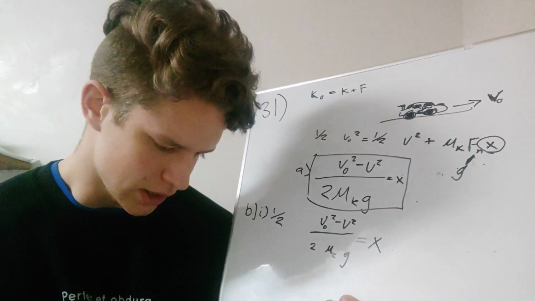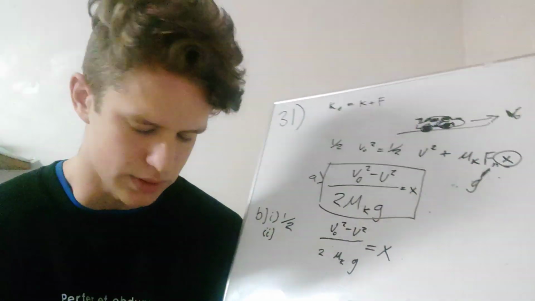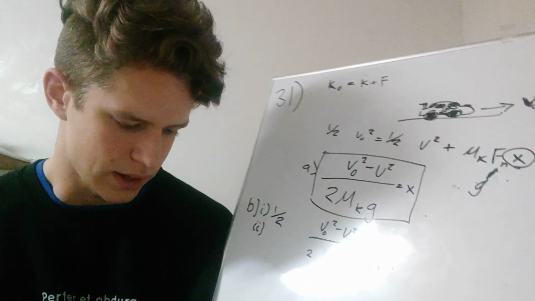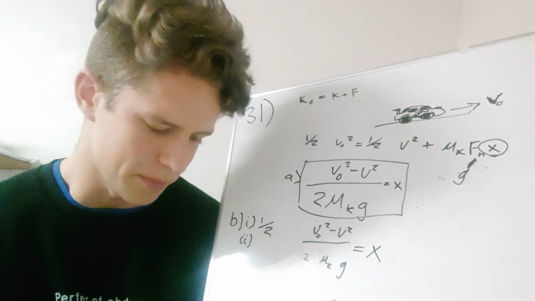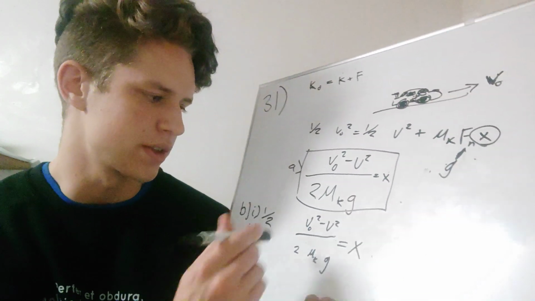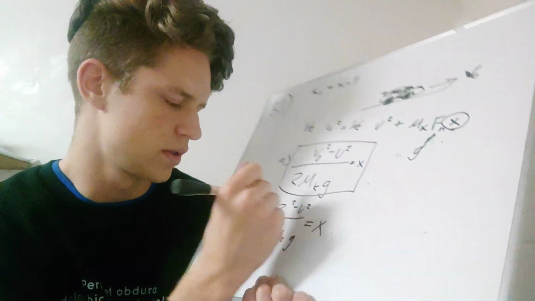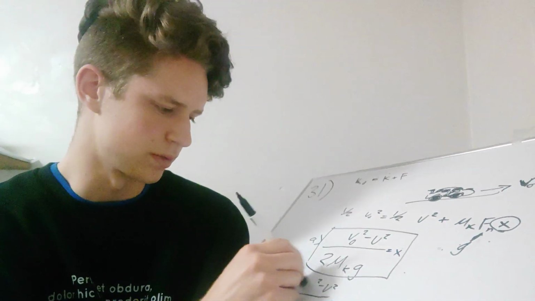So then the second part, so part ii, because they use different labels instead of just A, B, C, D, they ask if the initial speed were doubled. So in this one, we're going to go ahead and put in 2. That was a terrible 2. Hang on a moment.